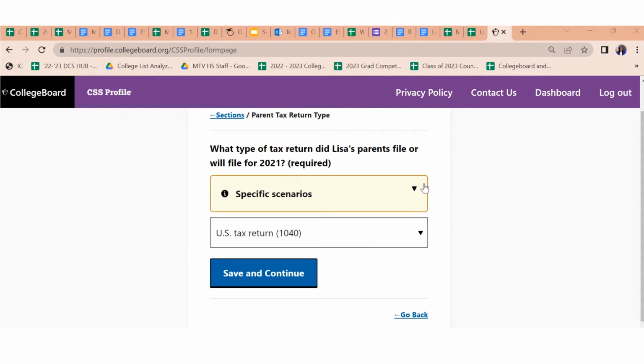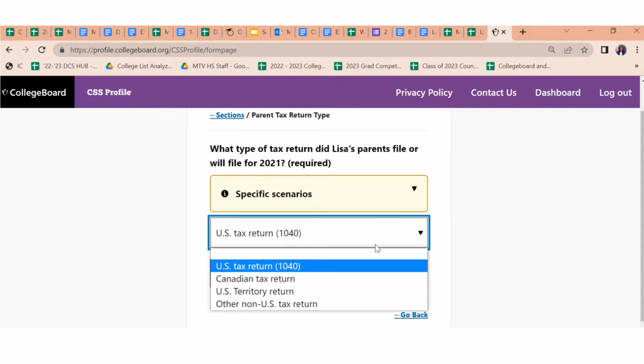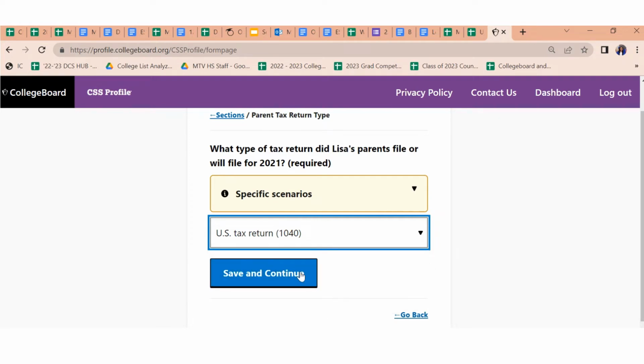So this next question is going to ask which type of tax return the student's parents filed, and most of you will select the US 1040. If that is not the case, please check in with your college counselor.